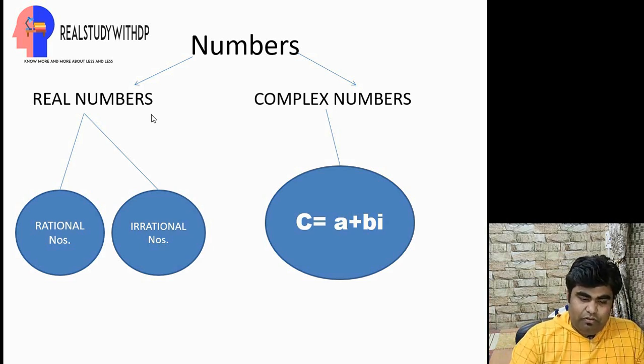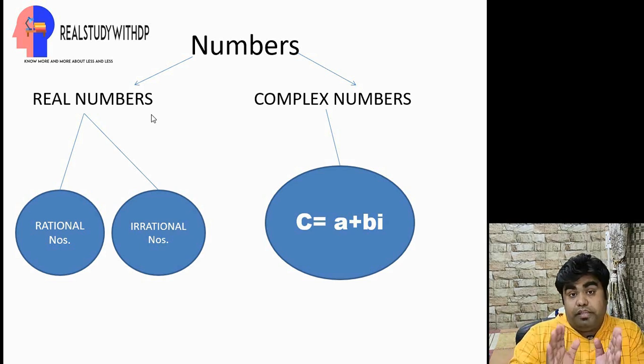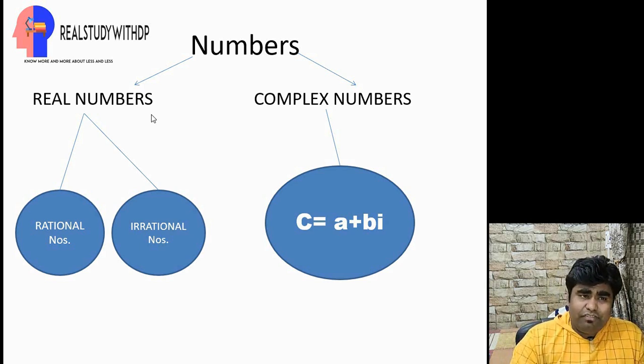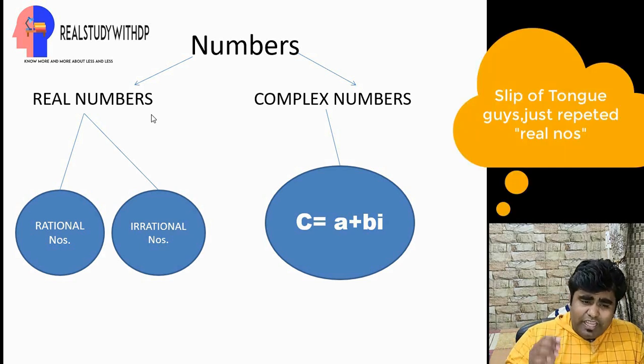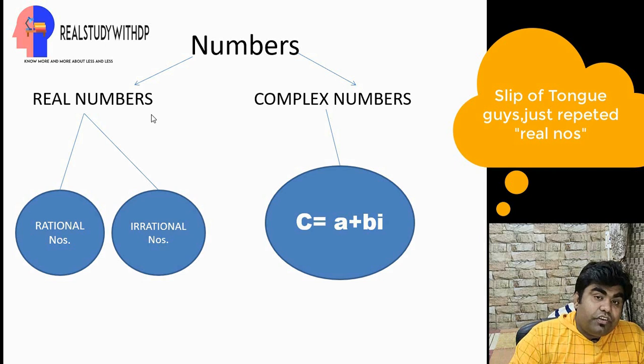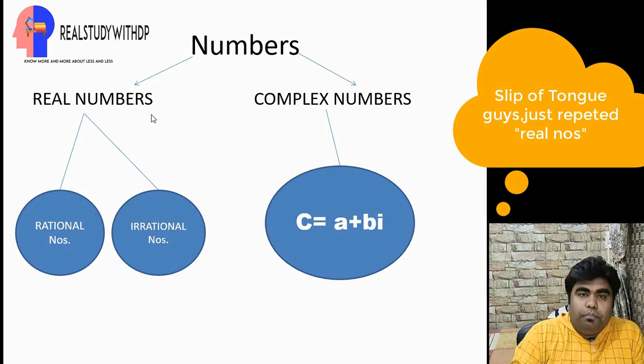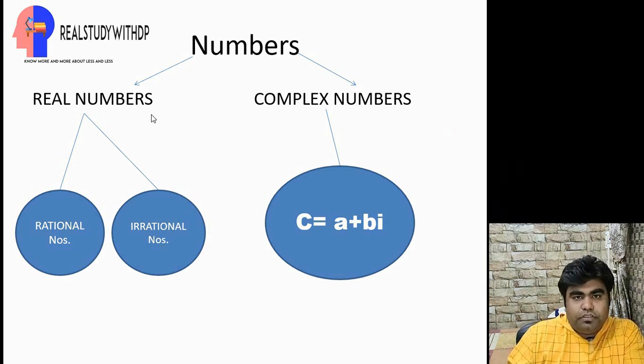Think about any number you have come across up to 10th, whatever number you come up with in your mind, the major probability is that it is a real number. Negative numbers, positive numbers, decimal numbers, rational, irrational, all sorts of numbers are classified there. Now what is the definition of real numbers? The real numbers are all the numbers except the complex numbers.